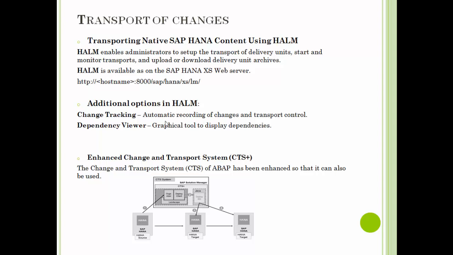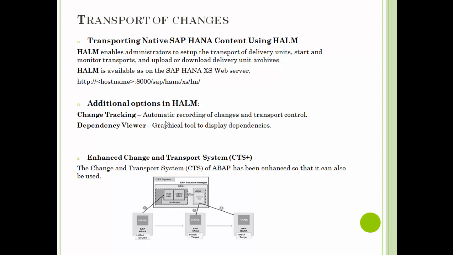As a developer, you would develop artifacts, and then it is possible to release the change only when the artifact is ready to promote to the test system for testing purposes. It provides more precise control over which objects get transported from the development system. So for change tracking and for gaining more control, we have this change tracking functionality in HAL.